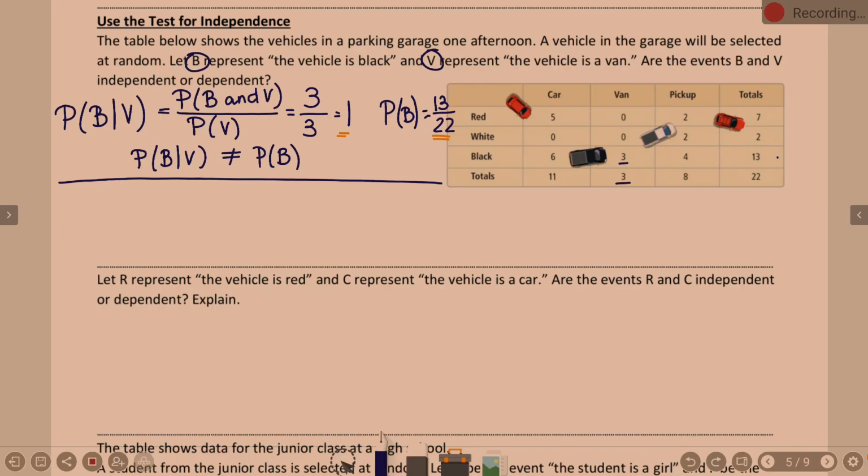Instead of B given V, let's make it V given B. So we're going to check the probability of V given B, and then see if it equals the first one, the probability of V.